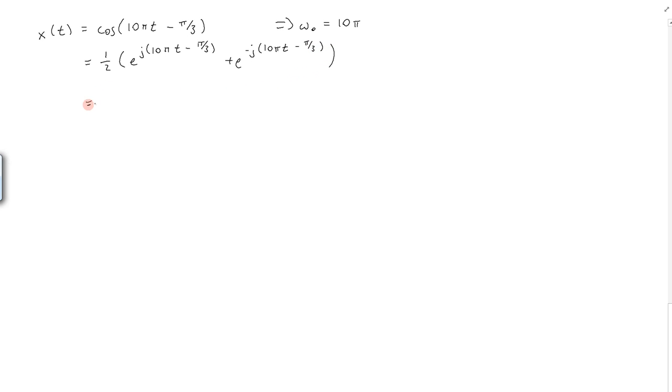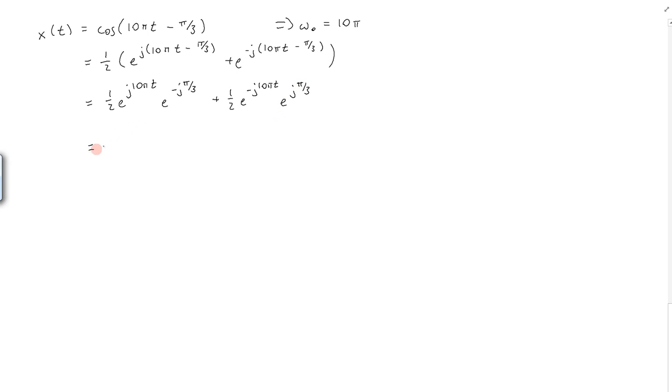We can further rewrite this as 1/2 e to the j 10 pi t times e to the minus j pi thirds, just using properties of exponentials. And likewise, distributing the 1/2, we get plus 1/2 e to the minus j 10 pi t, again splitting up the exponential, e to the positive j pi thirds, since we had a minus j and a minus pi thirds here.